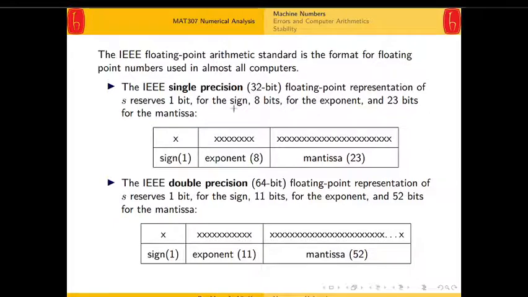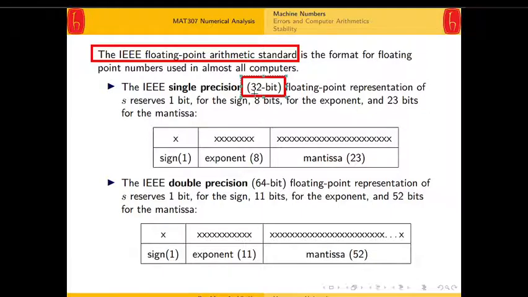So in machine numbers, machine floating point representations, there are some standards. One standard is given here. This is the standard that pretty much all the computers use. In this standard, there are two basic representations of numbers.